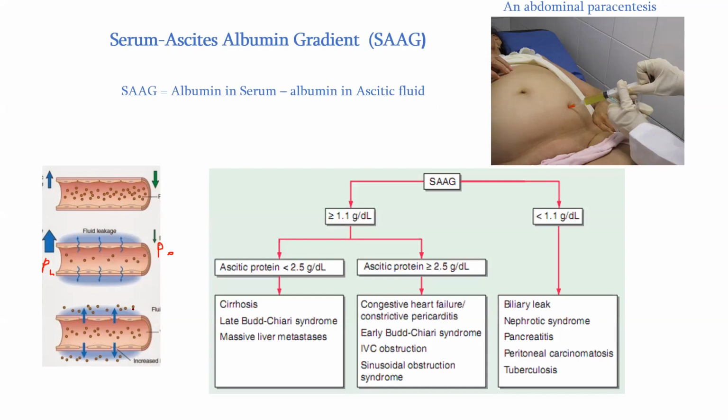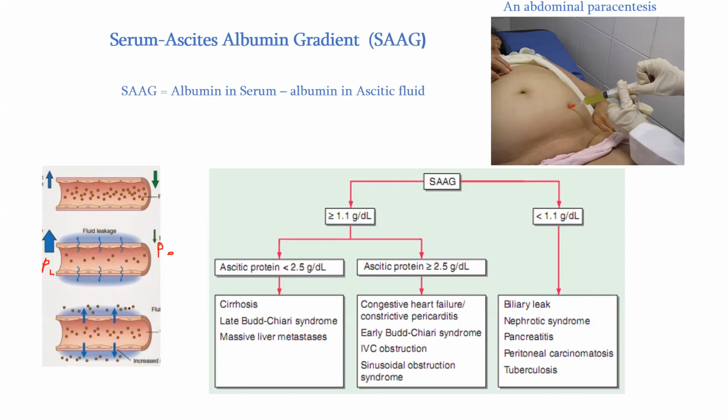So if the gradient is high, here we have a low albumin level, and when we subtract it from the albumin of serum, we get a high gradient. It means we must think about a disorder which causes increased hydrostatic pressure. It may be cirrhosis, it may be obstruction of hepatic veins like in Budd-Chiari syndrome, or right-sided heart failure.